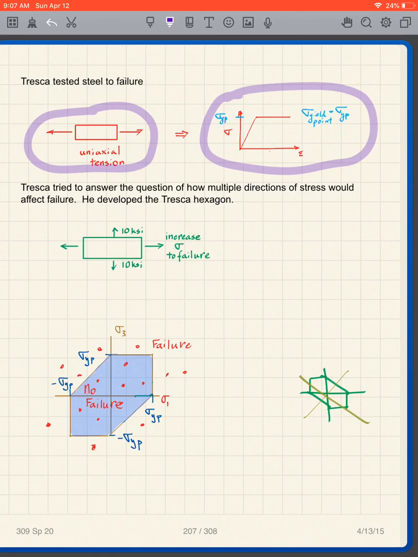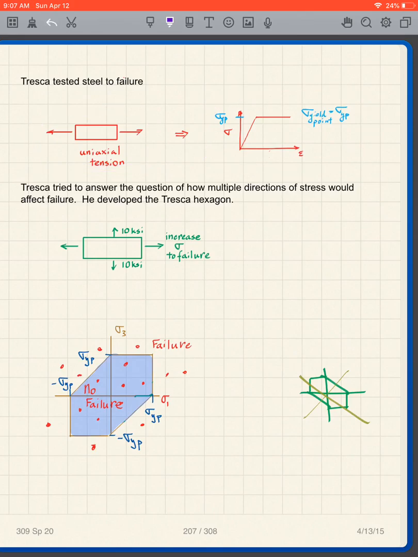But what if, instead of just putting on uniaxial tension, we actually put on stresses in both directions, for instance, both the vertical and horizontal directions. Let's remember how you did this test.